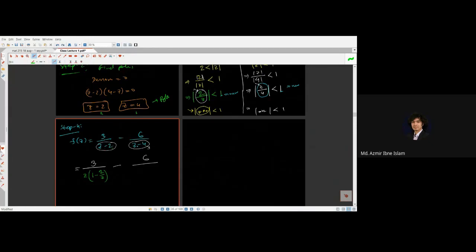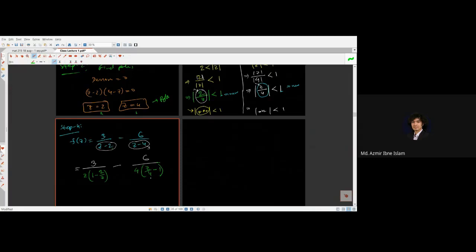Here we have z negative 4. So for 4, what should we write here? We should write one expression that looks like z by 4. Yes, sir. So for keeping z by 4, what can we take as a factor? 4. Yeah, we can take 4, right? So z by 4, negative 1.